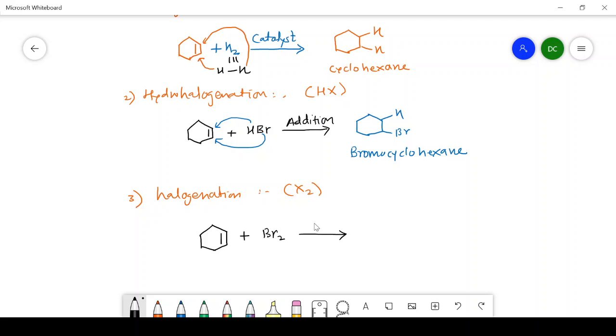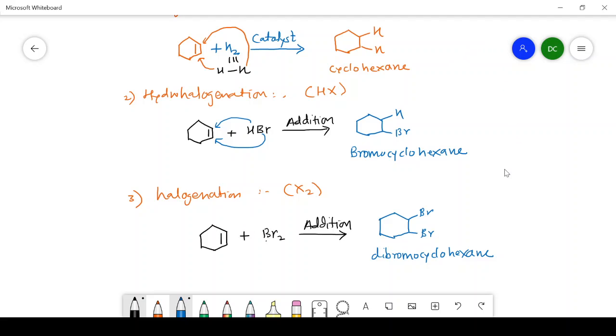There is the addition of bromine across the double bond, one Br attached here and one Br attached at this carbon, so that we get this type of compound in which there are two bromine atoms, that is dibromocyclohexane. It is a simple reaction in which only addition occurs across a double bond.